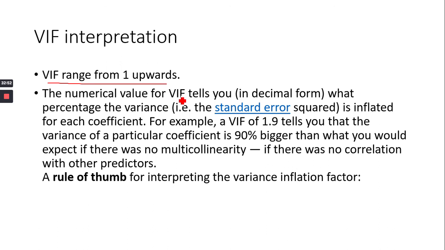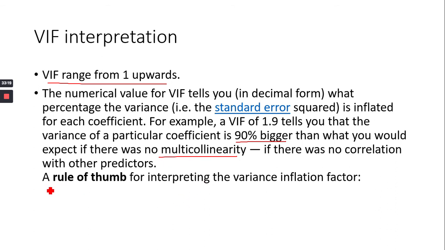The numerical value for a VIF tells you in decimal form what percentage the variance, the standard error squared, is inflated for each coefficient. For example, a VIF of 1.9 tells you that the variance of a particular coefficient is 90% greater than what you would expect if there was no multicollinearity, if there was no correlation with other predictors.